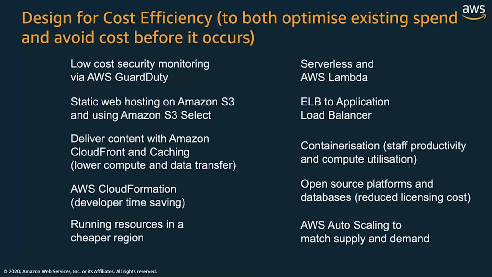Think about running your resources in a cheaper region. So I do a lot of work with the University of Manchester. I recently did a lot of work on their HTCondor cluster. We now burst their Condor cluster into the cloud, and we run anything up to 2,500 and 3,000 Spot instances at a time. What they've done is written some Python code which actually polls our pricing APIs.